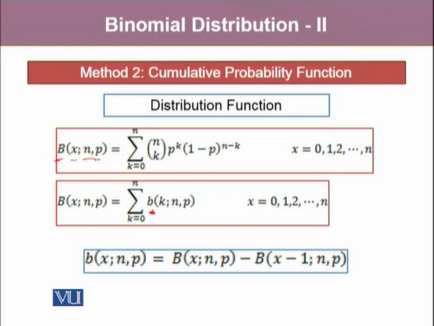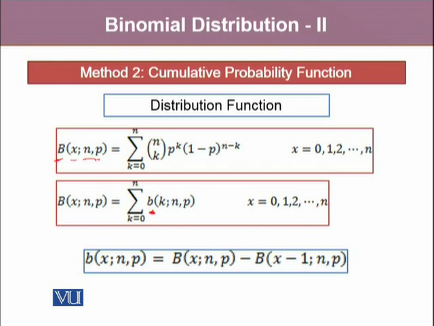So the distribution function of the binomial probability distribution can be given as the sum, where k goes from 0 to n, of the expression for the probability mass function. What the distribution function does is accumulate all the probabilities from the point x and previous.